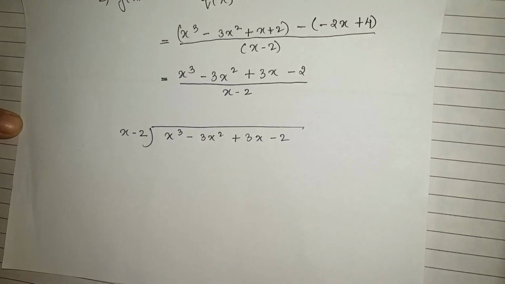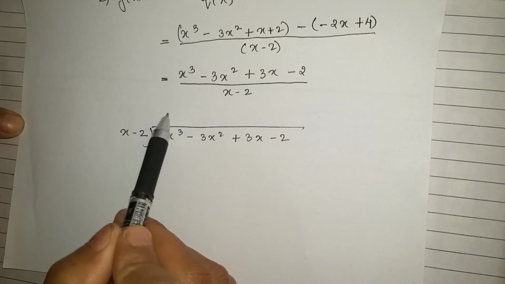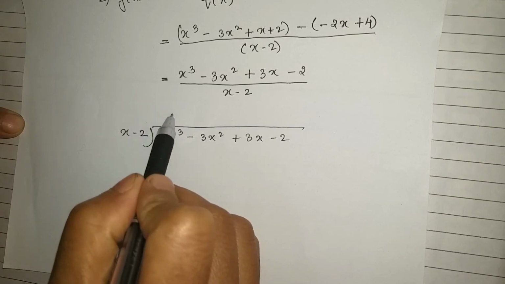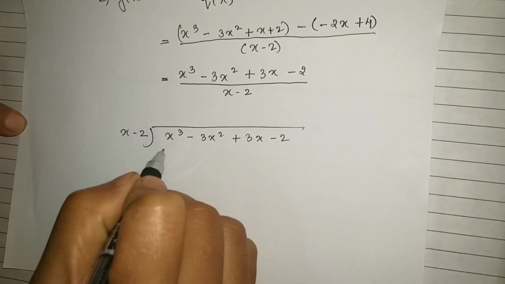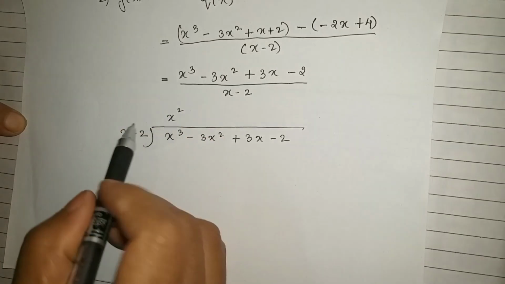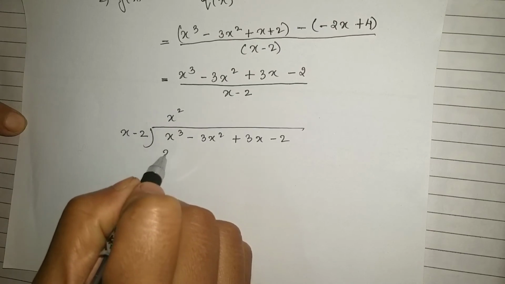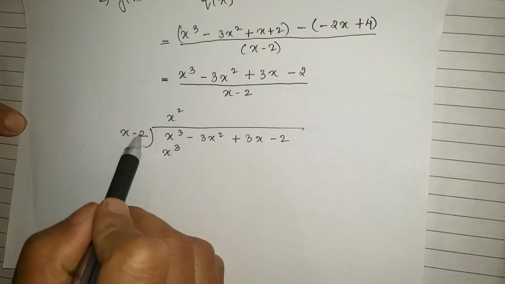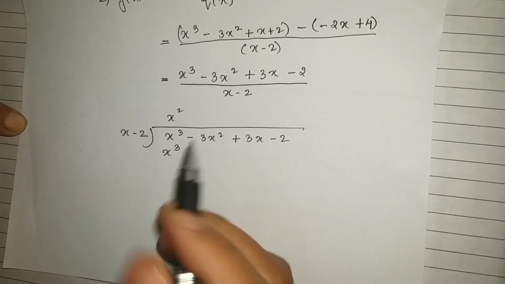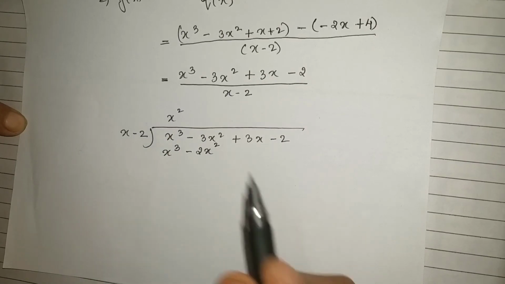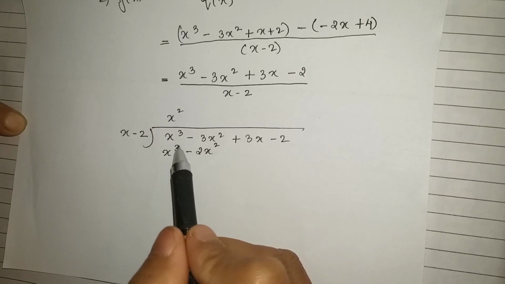Our first step of division is we'll find out a term in the quotient where if we multiply this term with this x, it will be x cubed. So if we take x square, x into x square, it will be x cubed. The next step, we will multiply minus 2 into x square. It will be minus 2x square. We will try to subtract the two polynomials.